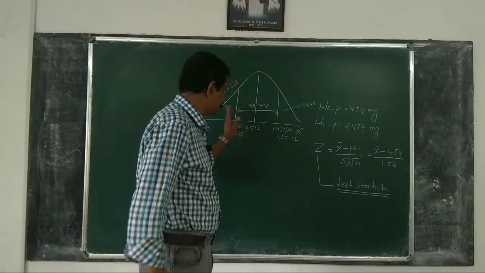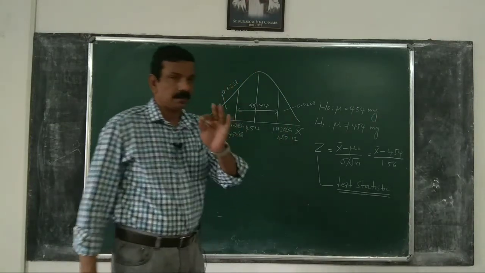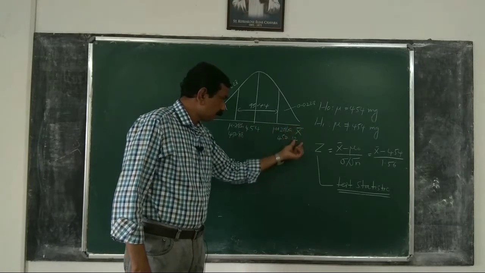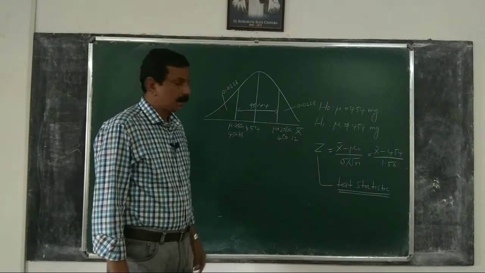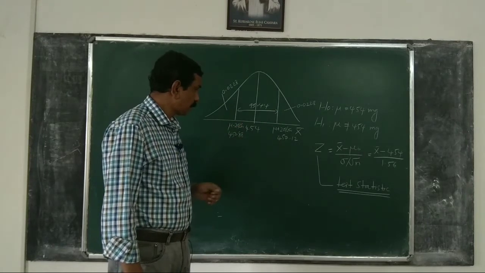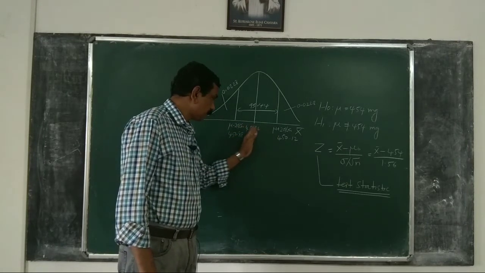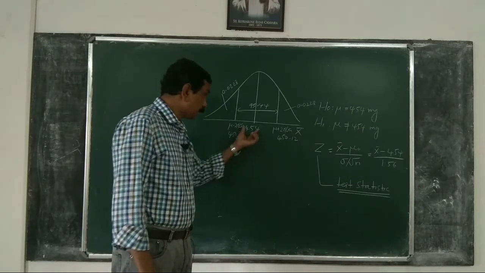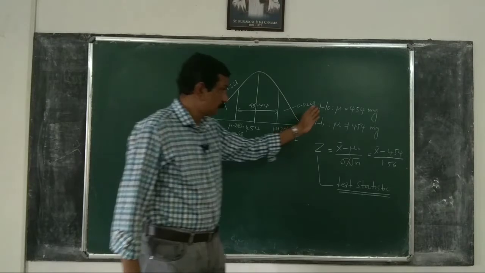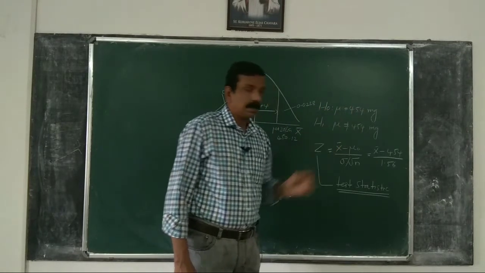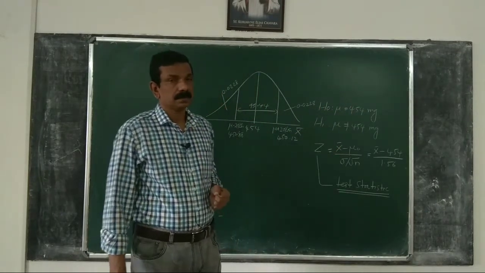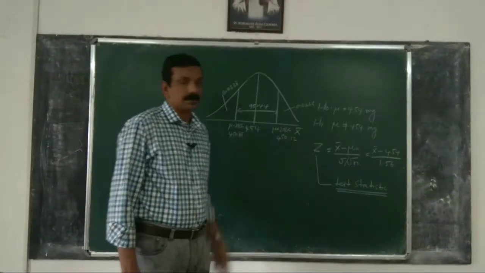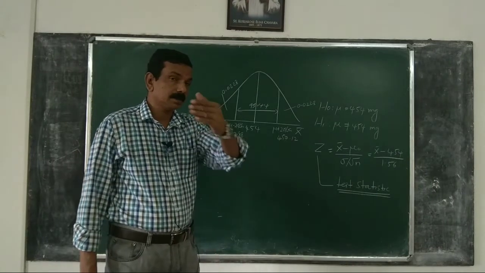Now, consider this graph very carefully. This is the distribution of x bar, assuming that the mean of x bar is 454. And this 454 is the mean value assumed under the null hypothesis. So this distribution is a hypothetical distribution, not an actual distribution.